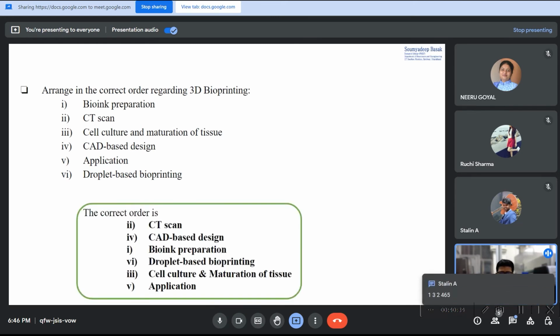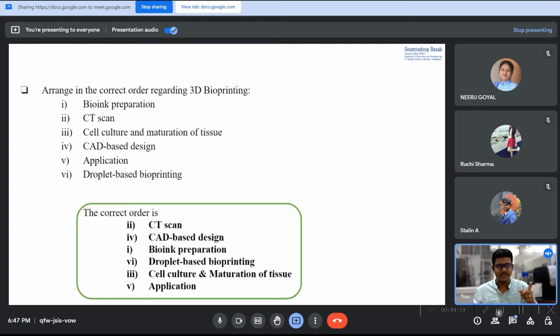See, for any bioprinting application, we first need to have a structure that we need to bioprint. So we first need the G code, or the material information.